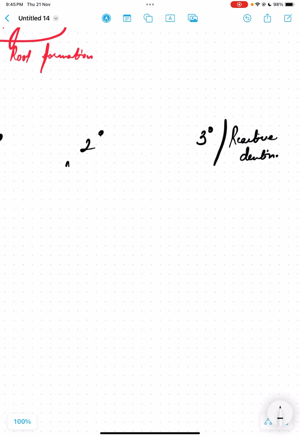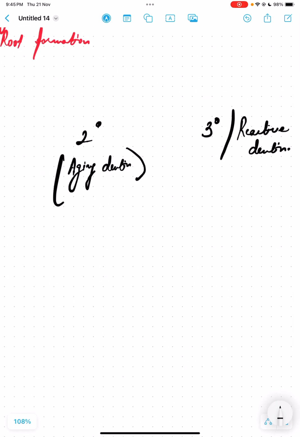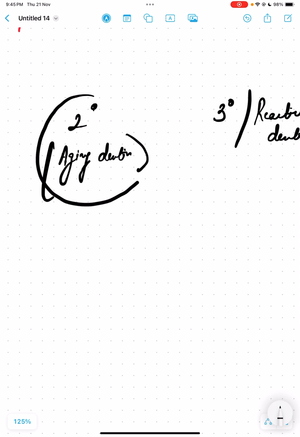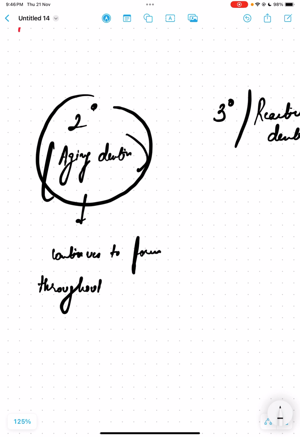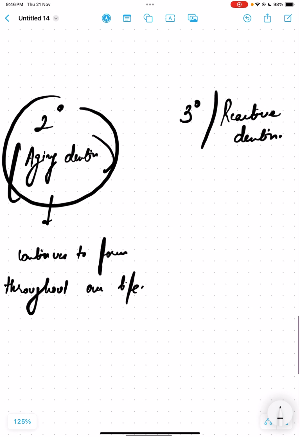Okay, and secondary dentine is also called aging dentine. This secondary dentin continues to form throughout our life. All of you have to remember that secondary dentin continues to form throughout the life.